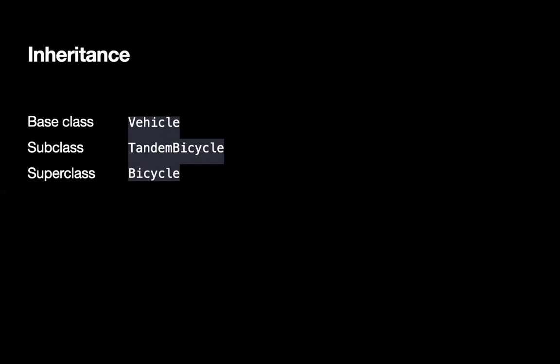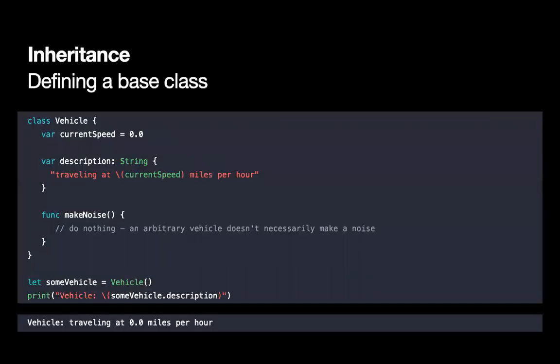So here we have taken one example: base class as Vehicle, subclass as TandemBicycle, and the superclass as Bicycle. Here Vehicle is the base class, having two properties: currentSpeed, having the default value 0.0, and description, which says traveling at the current speed miles per hour, and one method, makeNoise.